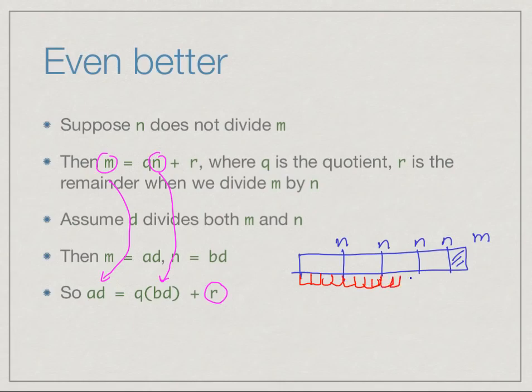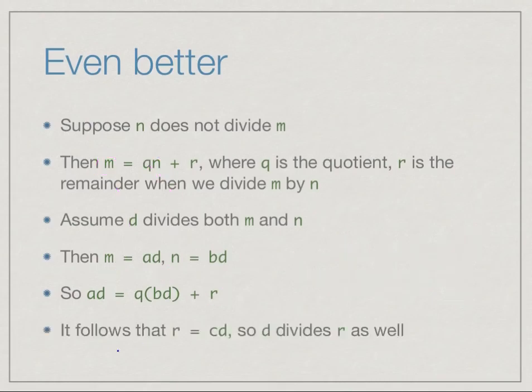So it divides each of these blocks. It also divides the whole thing. But now if I continue with d, it is going to stop exactly at this boundary, because d also divides n. Therefore, d must also divide this last bit, which is r, exactly. So in other words, we can argue very easily that r must also be a multiple of d. So d must divide r as well.